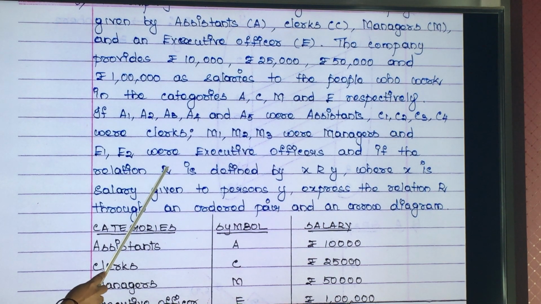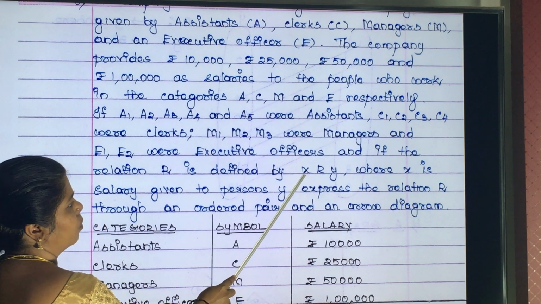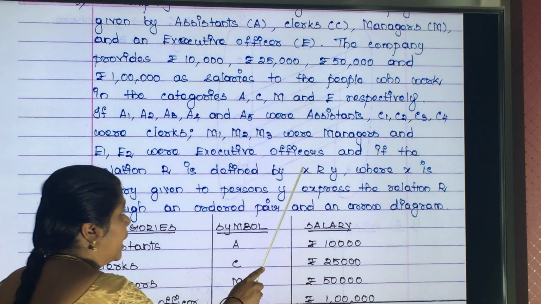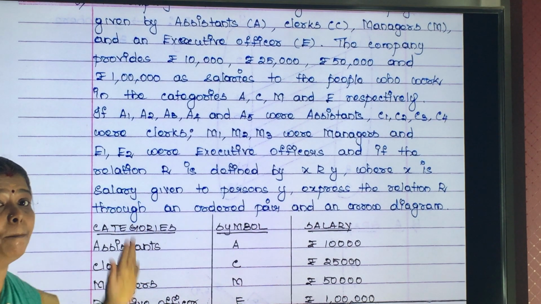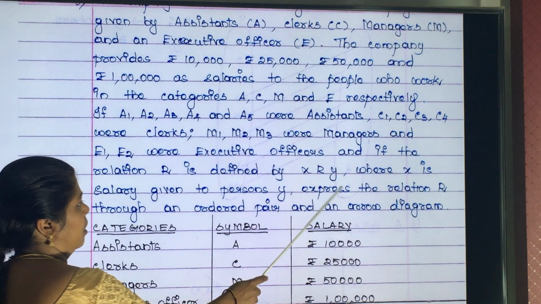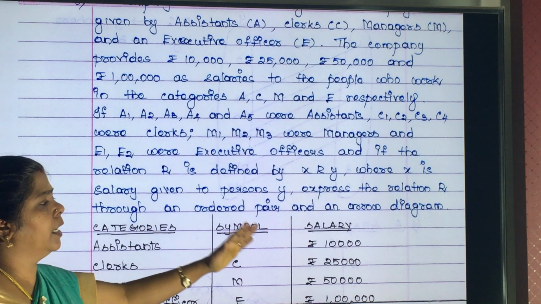And the relation R is defined by X related to Y, where X denotes salary and Y denotes the persons, the different categories of person. Express the relation R through an ordered pair and an arrow diagram.